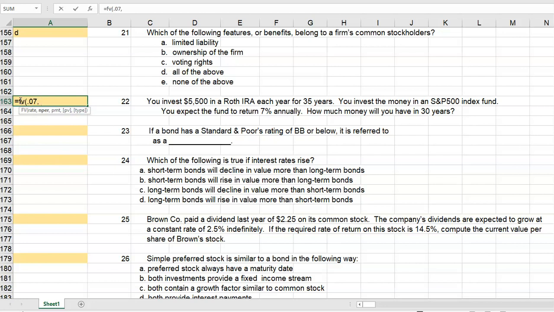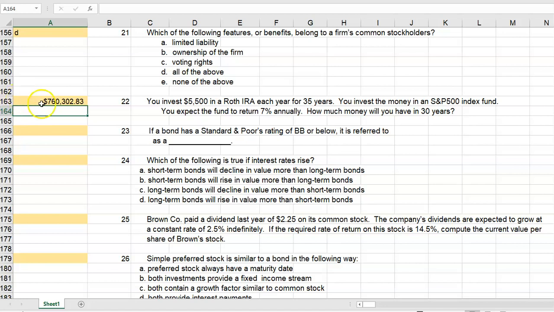Number of periods, 35. And my payment each year, I'm going to put in minus 5,500. And I have no present value. I'm not starting with any money. So how much will I have in the future? $760,000.